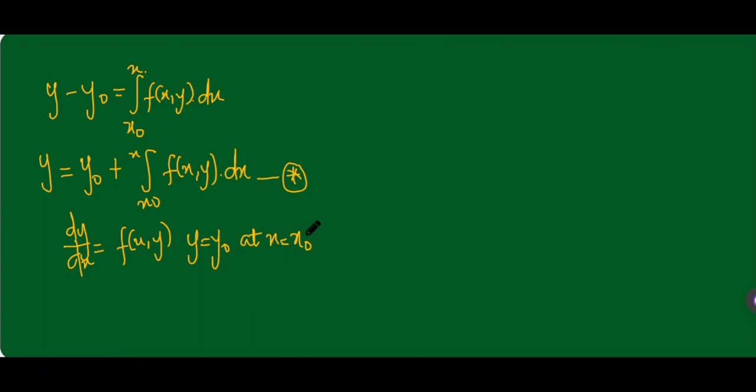Now if you examine equation asterisk, because we said this is an iterative method, if we plug in y naught for y on the right hand side where the integral is, that integral between x naught and x for the function f(x, y), we have the right hand side to be y naught plus the integral from x naught to x of f(x, y naught) dx.